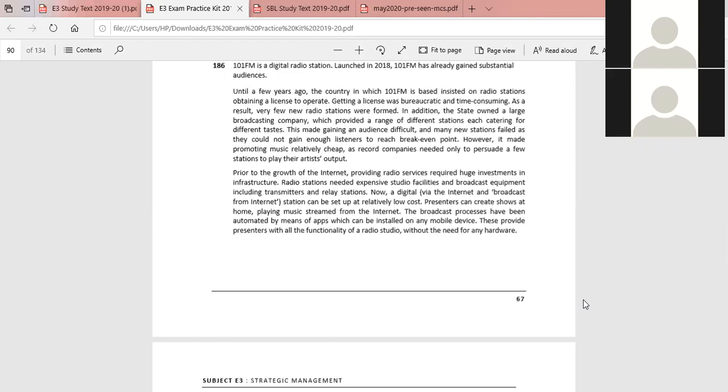But then what happened? Prior to the growth of internet, providing radio services required huge investments in infrastructure. Radio stations needed expensive studio facilities and broadcast equipment, including transmitters and relay stations. Now, what is the situation now?